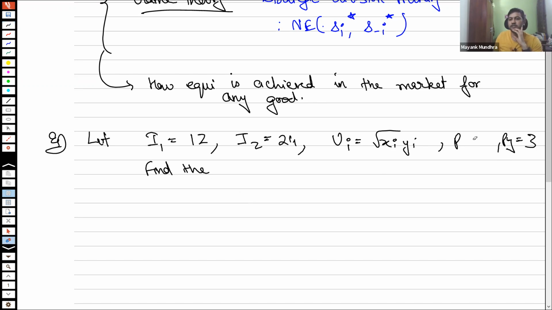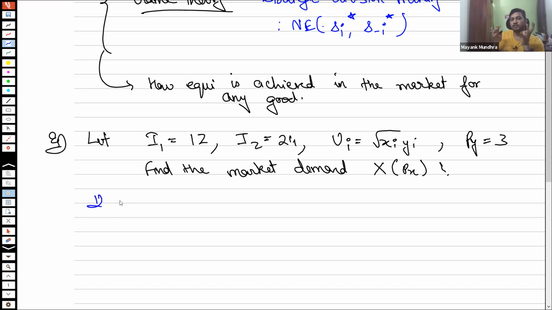Sorry, px has to be variable. It will be a function of px, so just py equals to 3. So find the market demand x as a function of px.